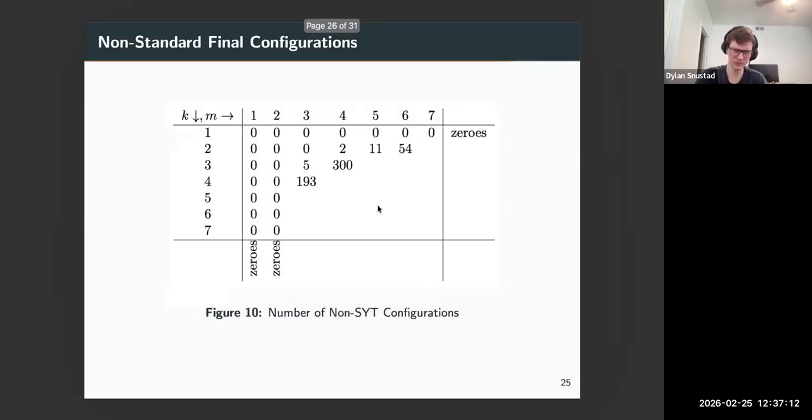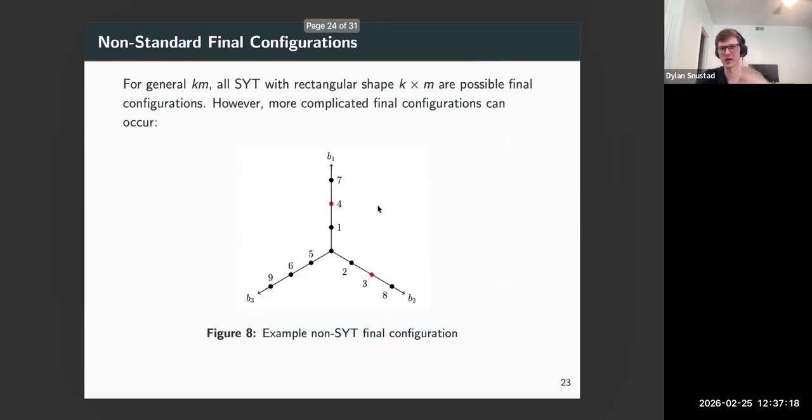But there is an interesting question to be asked here, which is, does the probability of reaching one of these nice final configurations go to zero, or does our sorting property somehow hold its own enough to where the probability of reaching one of these SYT configurations doesn't completely go to zero as K and M go to infinity in some sense?